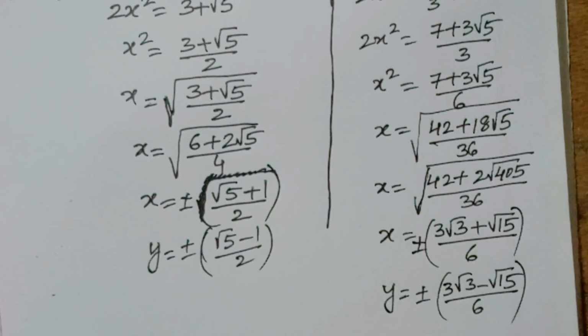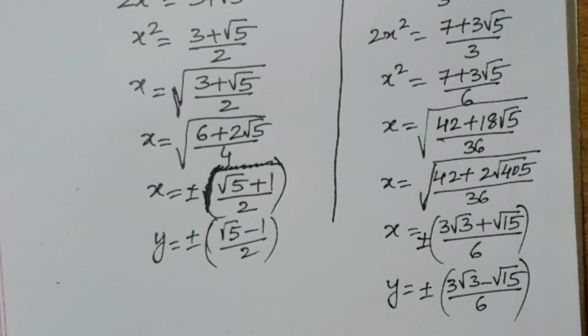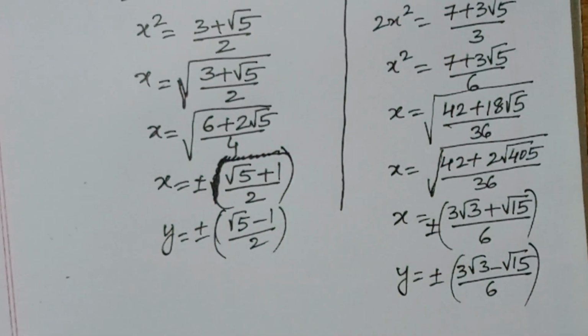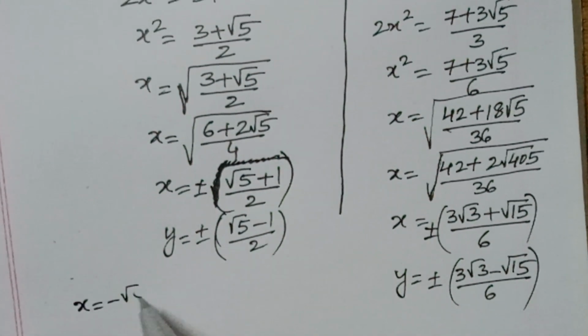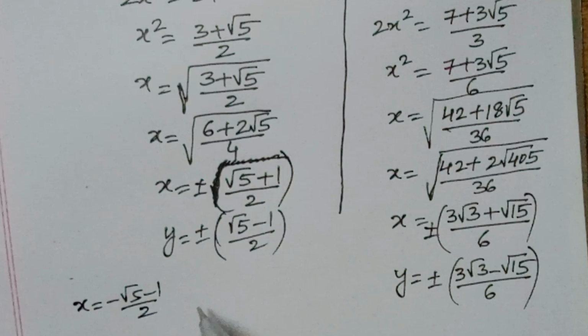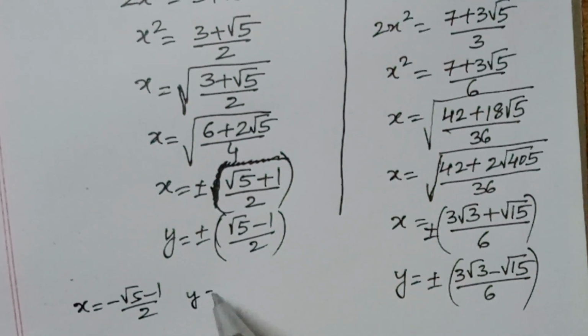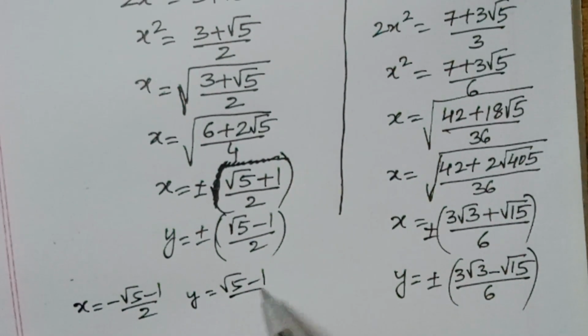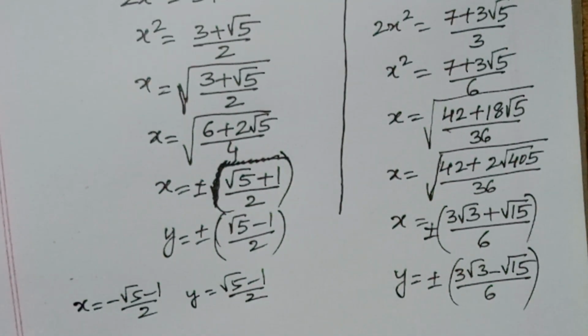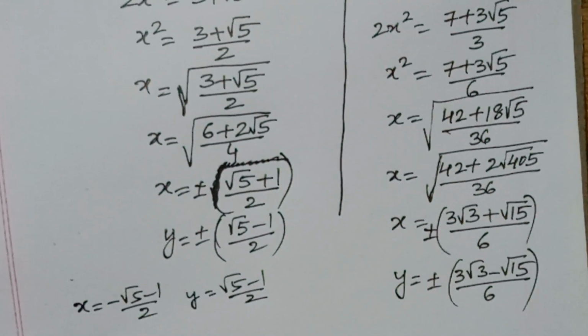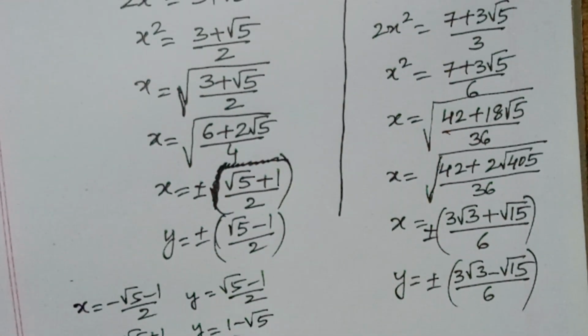So if you want to write this in order, what are the possible values of x and y? So x is equal to minus (root 5 plus 1) by 2, y will be (root 5 minus 1) by 2. So if we take x will be (root 5 plus 1) by 2, y will be (1 minus root 5) by 2.